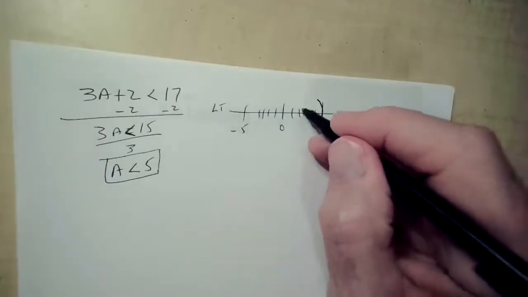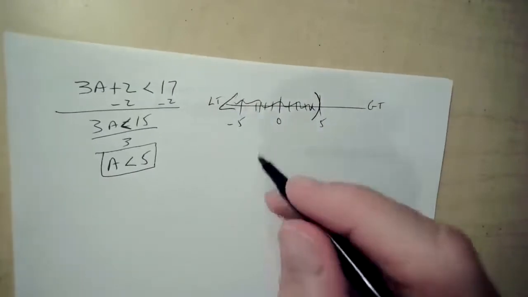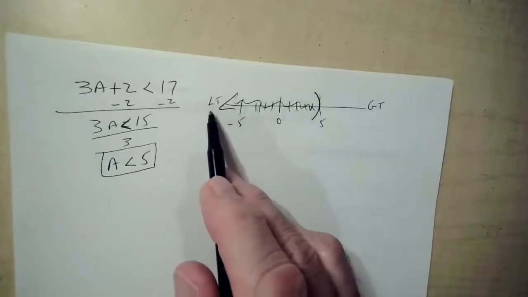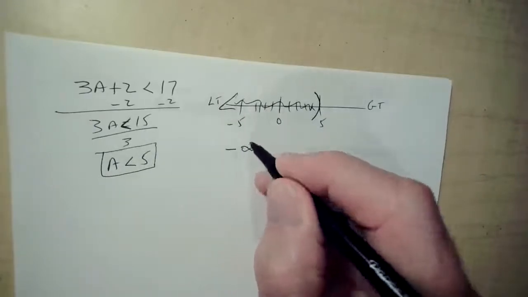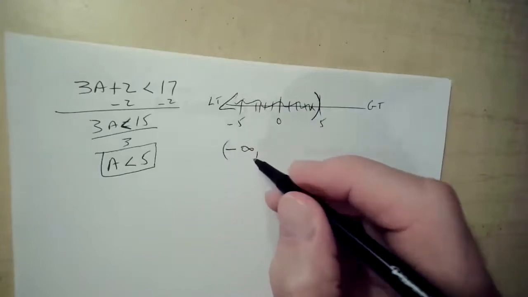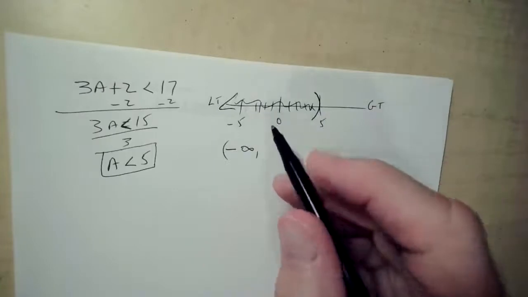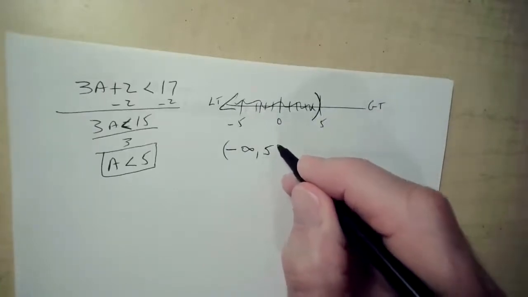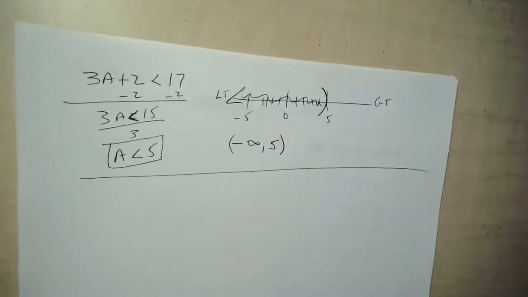All the numbers that are less than 5. And the interval notation, what's on the low side? What's the least a can be? Negative infinity with the parenthesis because it does not end, and infinity goes on forever. And what's on the high side? What's the most it can be? 5, again with a parenthesis.